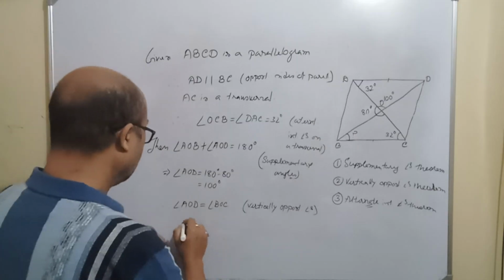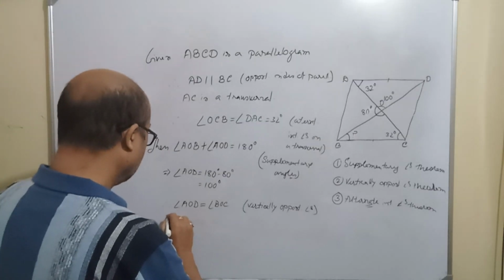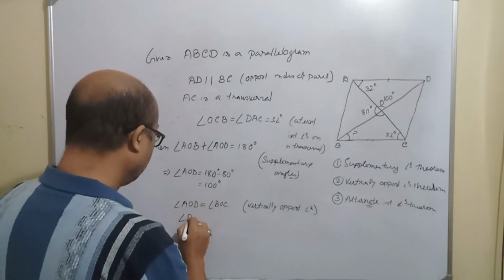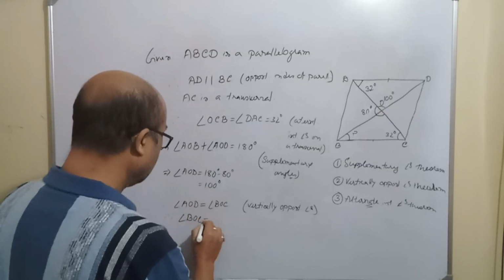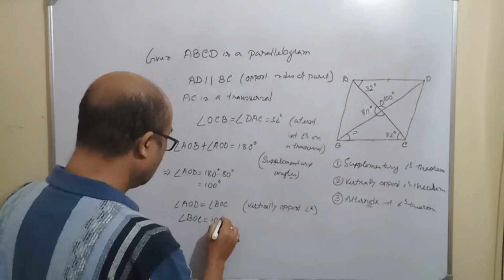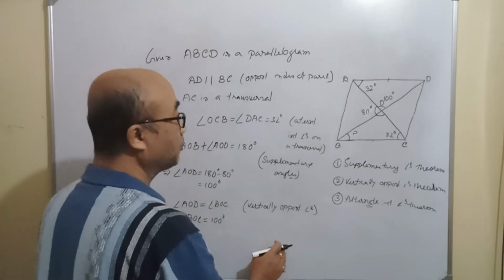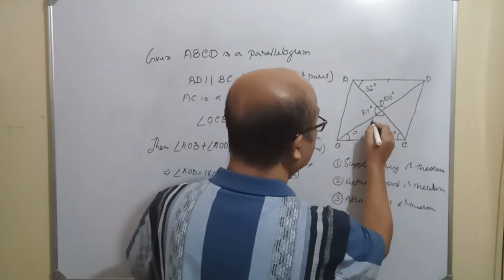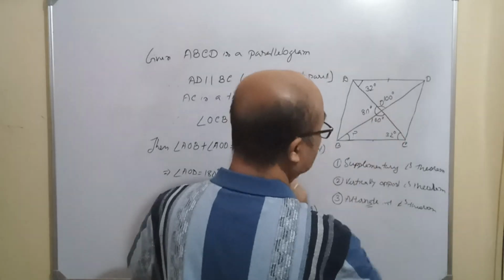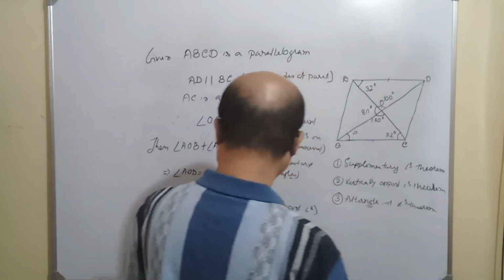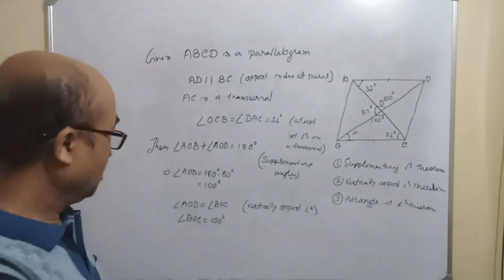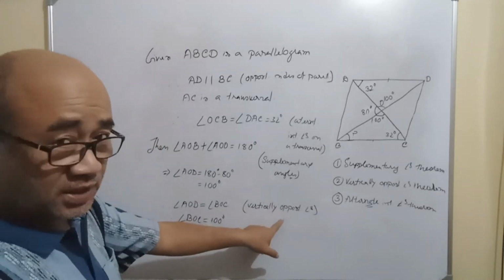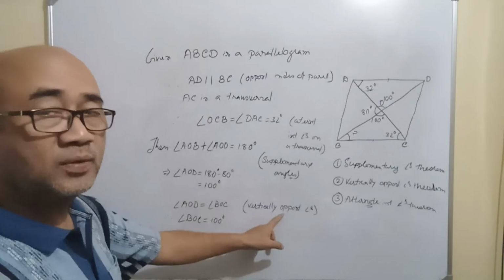Therefore, angle BOC is also 100 degrees. Vertically opposite angles are always equal.